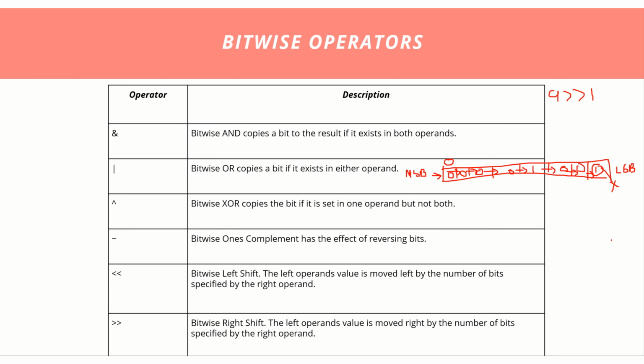So our output is 1, 0 and zeros. In decimal, this equals number 4. So our answer is 4.